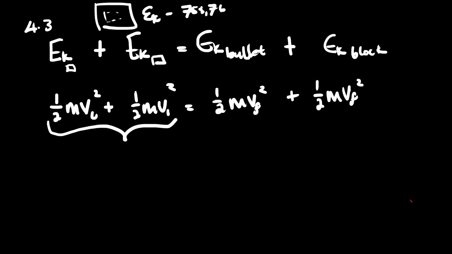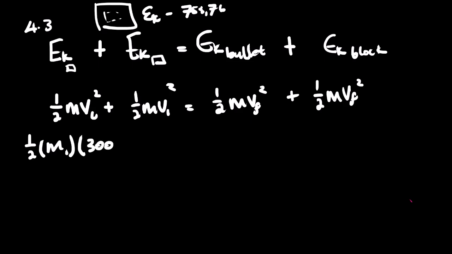752.76. This situation here. The mass of the bullet, it's m1. The velocity, it's 300 squared plus half, we have m2, but we know that it was stationary, so we put 0, it's equals to, I will explain this part shortly.